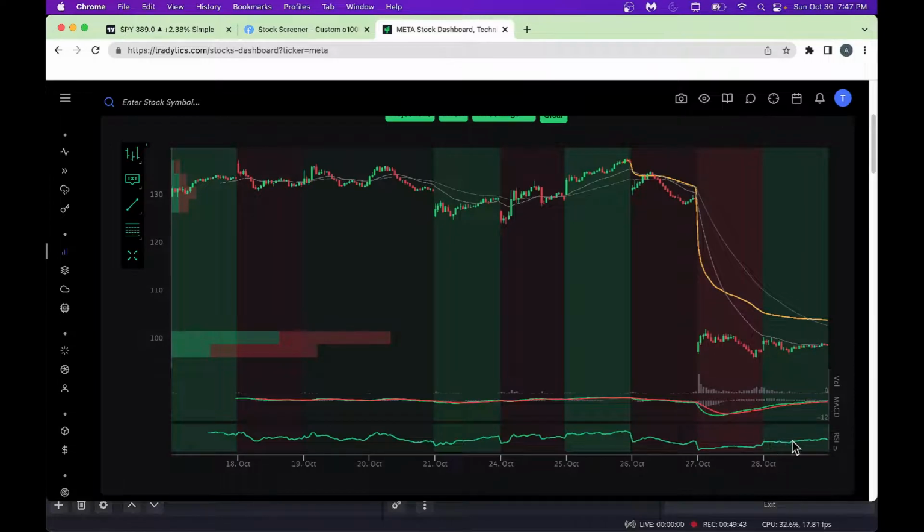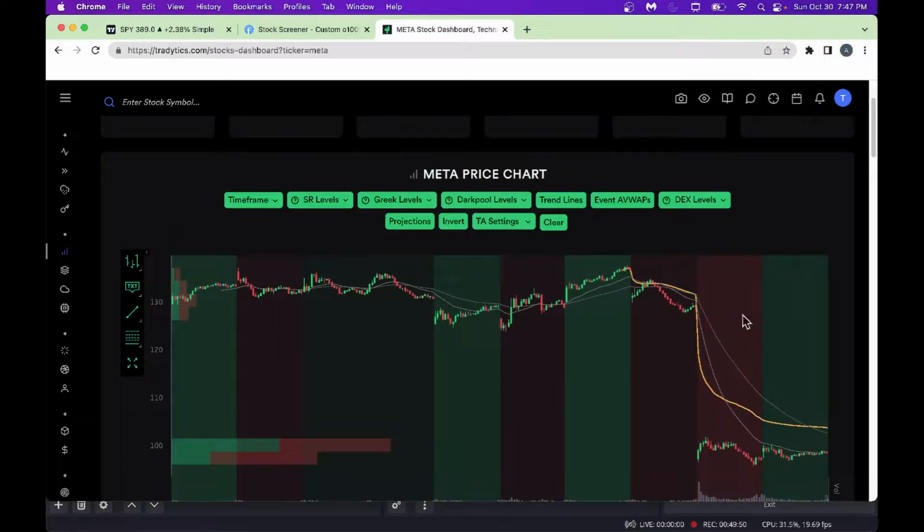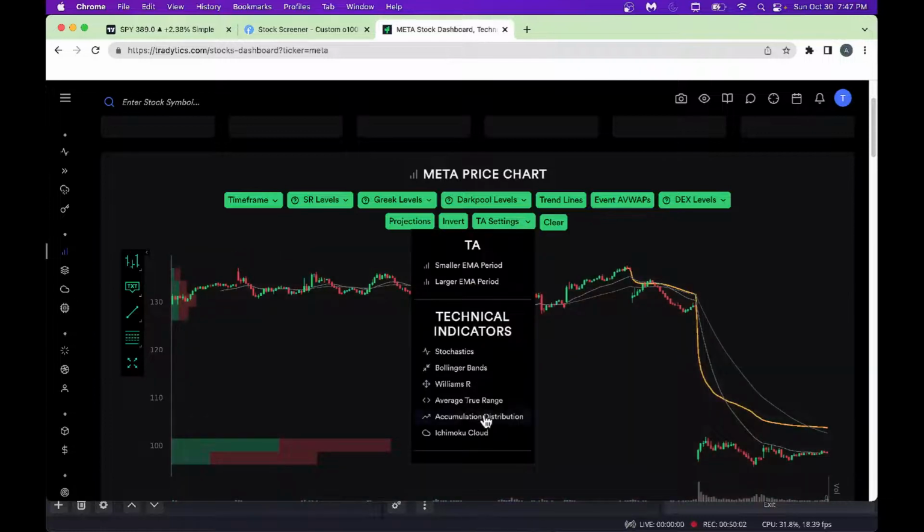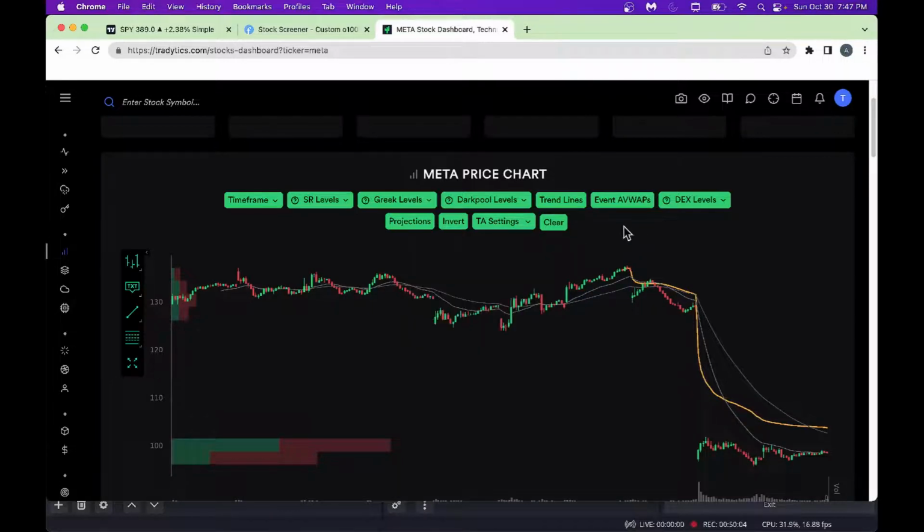We got some exposure going on. I think it's trying to go higher, which is a good story. You could also look at other levels here. We got delta right here. You could clear this off here, and they got some limited technical analysis, as you can see here. You got some limited Bollinger Band and so on and so forth here.